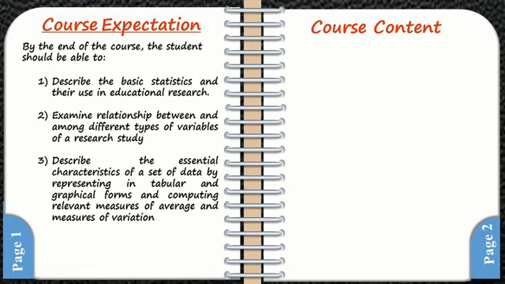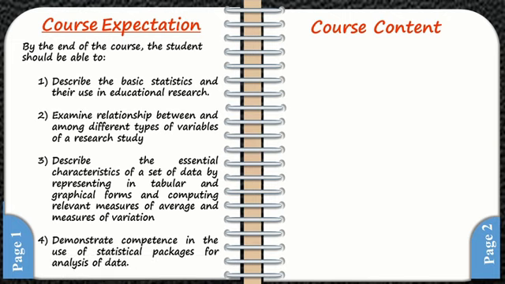As we will see in the course, you will see how beautiful and wonderful it is. Number 4, demonstrate competence in the use of a statistical package for analysis of data.